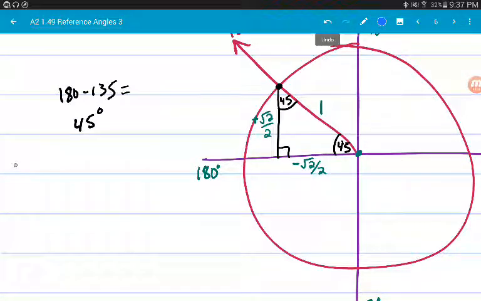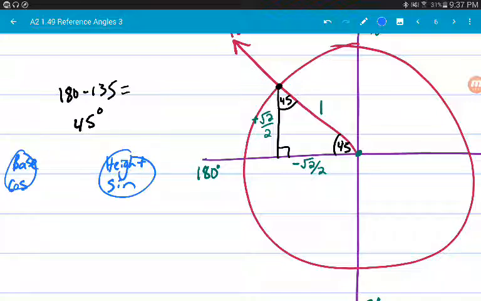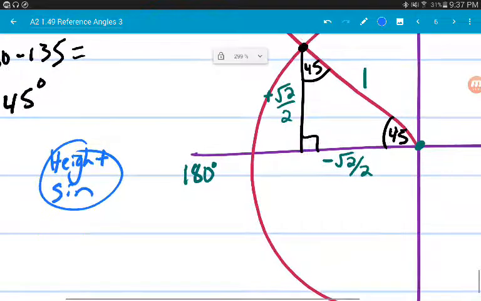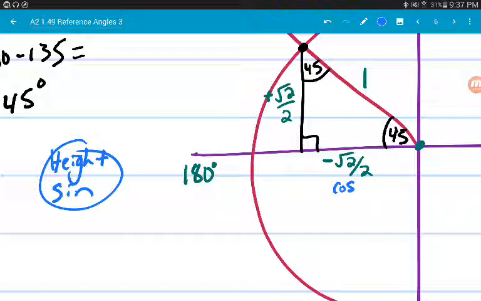Now the thing you need to remember is that alphabetically, base comes before height, because b comes before h, and alphabetically, cos comes before sine. So the base is cos and the height is sine. So this right here will be cos, and this right here will be sine.